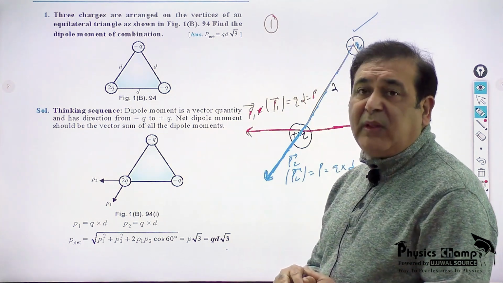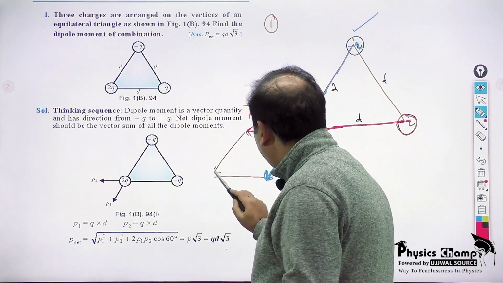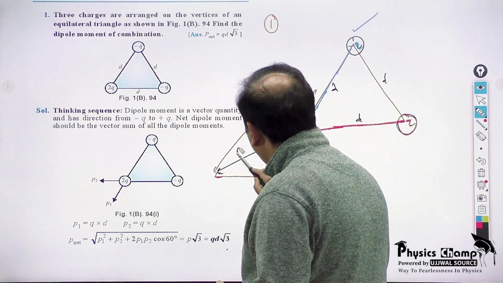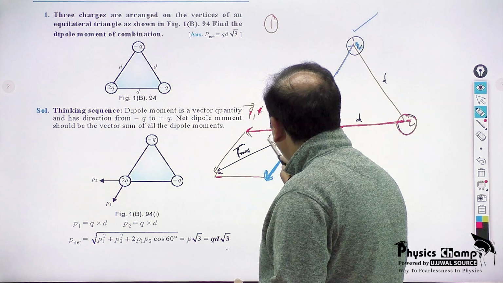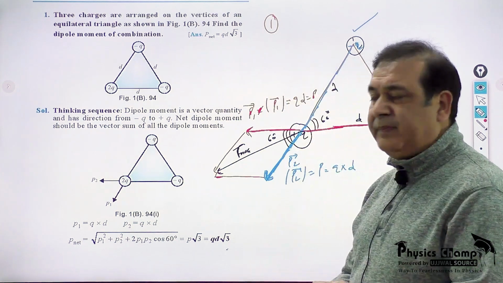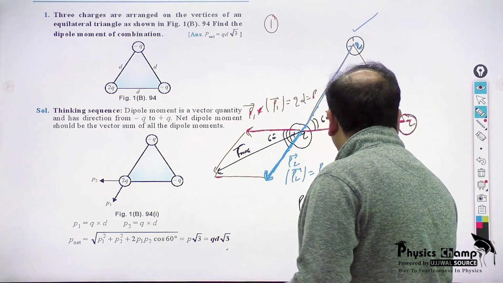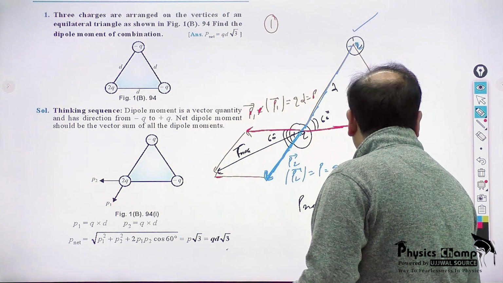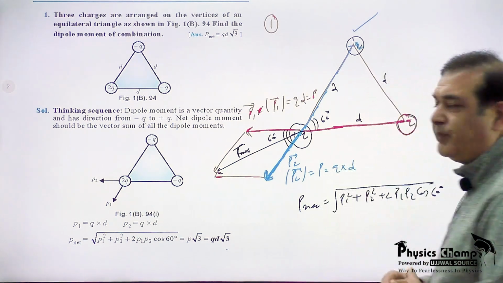But we are looking for the net dipole moment at this point. Here, the angle between the two will be 60 degrees, since it's an equilateral triangle. So the net dipole moment will be root of P1 square plus P2 square plus 2 P1 P2 cos 60.